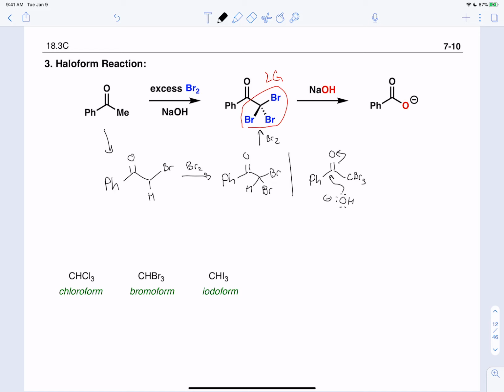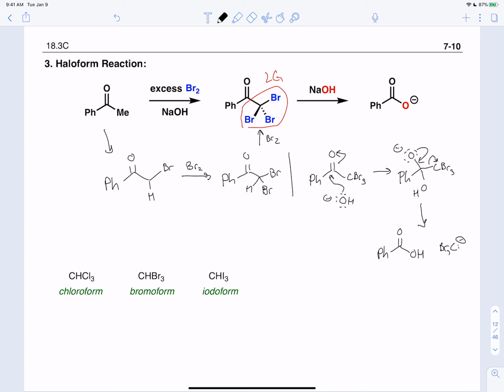It can attack the carbonyl. We would go to a tetrahedral intermediate. And the tribromomethyl anion is actually quite stable. So we briefly make a carboxylic acid that gets deprotonated in other reaction conditions, along with the tribromomethyl anion.